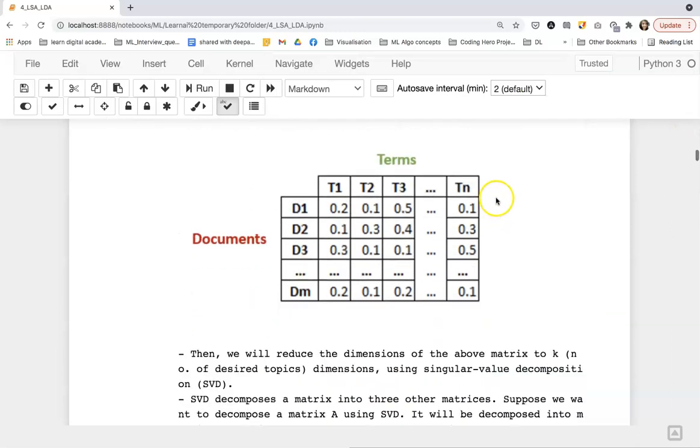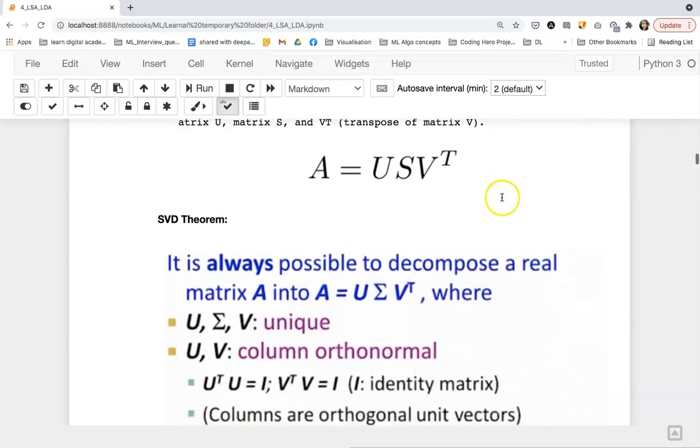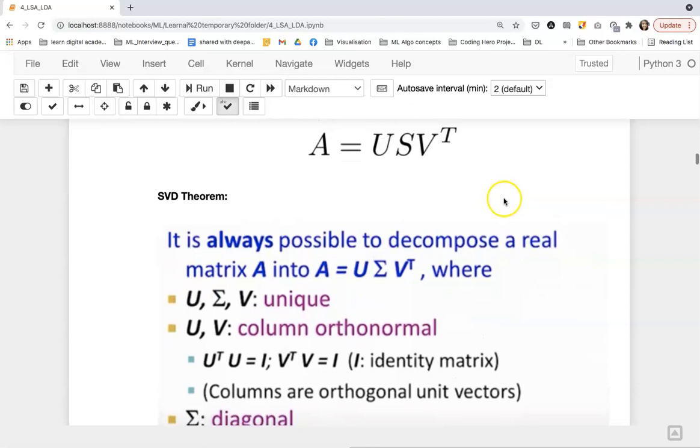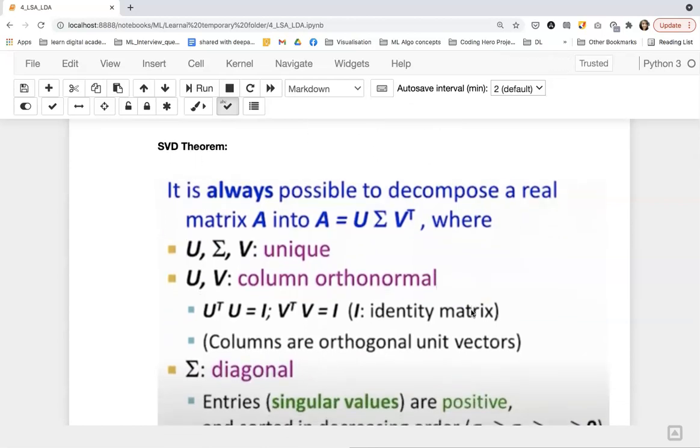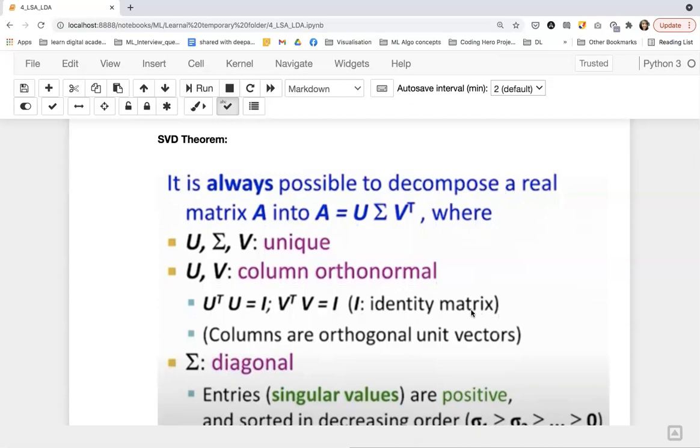So what is SVD all about? As you can see on the screen, the SVD theorem. What is the SVD theorem? We can break any matrix A into three matrices. First of all, the condition is that matrix A should be a real number matrix, that means all the numbers inside matrix A should be real, not complex.